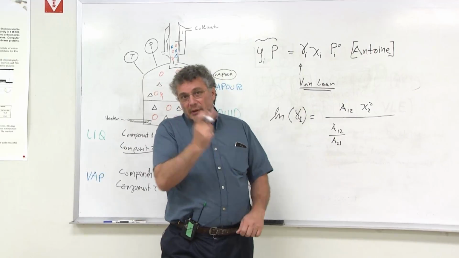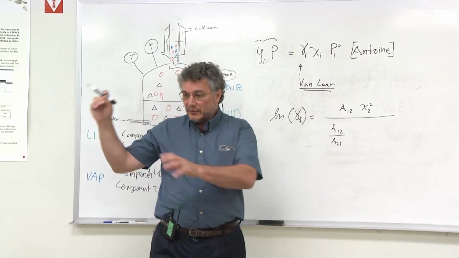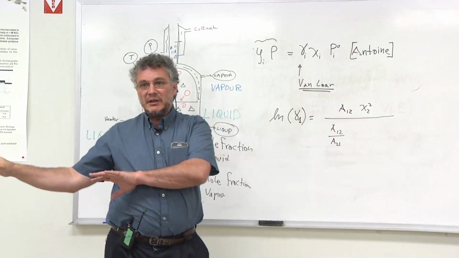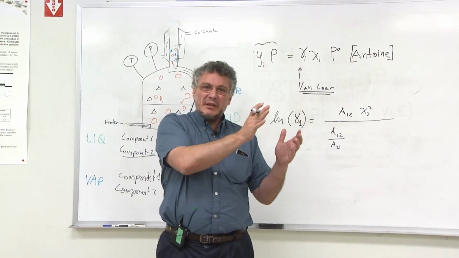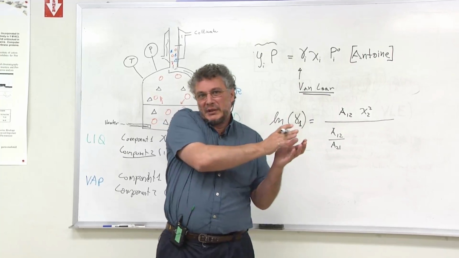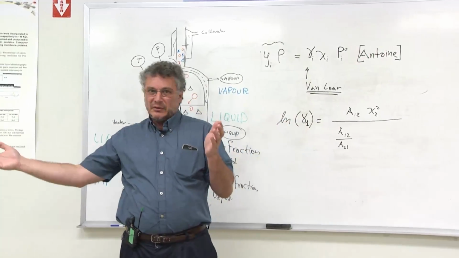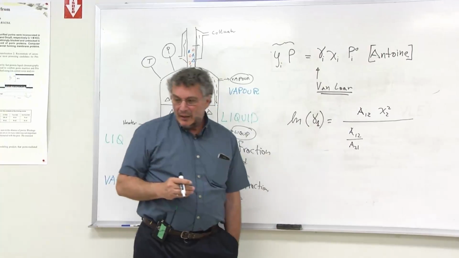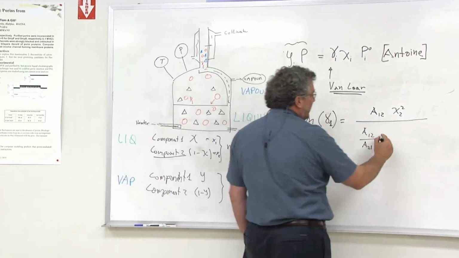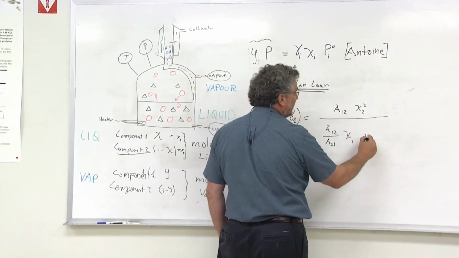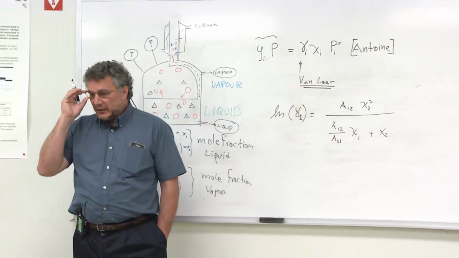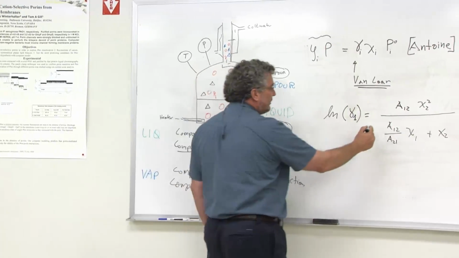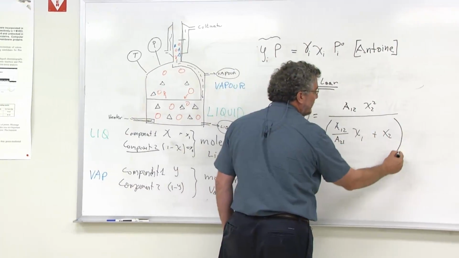But if you take one molecule of component number 2 and throw it in a sea of component number 1, it's going to be different. That's what those two coefficients represent: what happens in the extreme dilution of one component and then the extreme dilution of the other. And this is multiplied by x1 plus x2, and all of this goes squared.